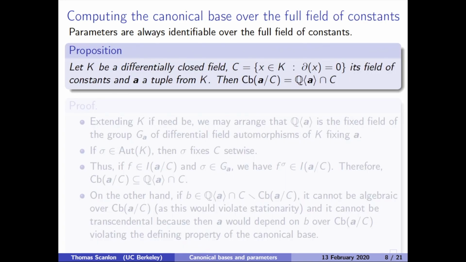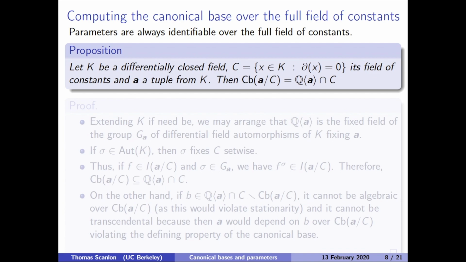Okay. All right. So I'm going to prove one proposition, and this is it. So the only proof that I'll go through today. With this proposition, what we'll show is that if you're asking what is the canonical base of your tuple over the full field of constants, so I do the full field of constants, and I want to know, can I determine what equation, so how do I generate the ideal of that given tuple over all the constants?